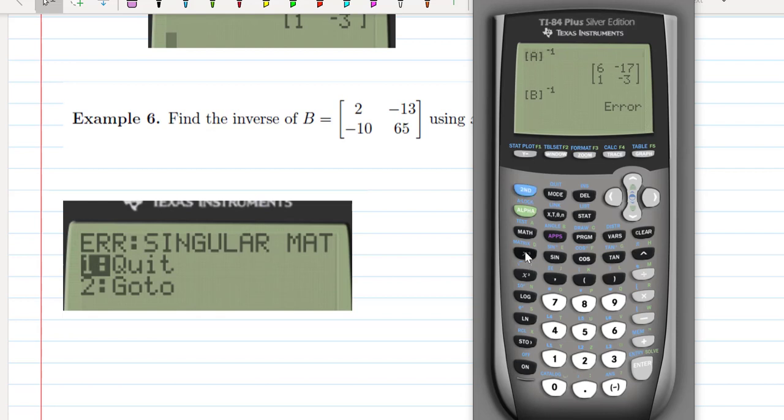So if I go back into my matrix menu, I'm going to go back to edit. I'm going to go down to matrix B, and I'm going to make it a 2 by 4 matrix. So I've got those, and I'm going to put the identity matrix on the right side. Okay, so I edit my matrix. I go second quit.